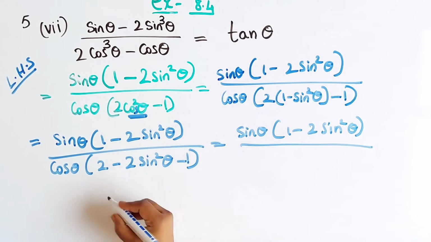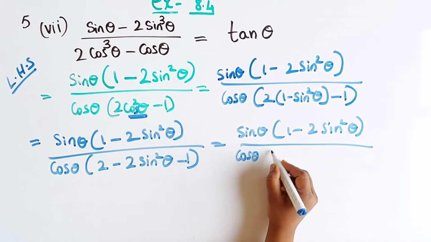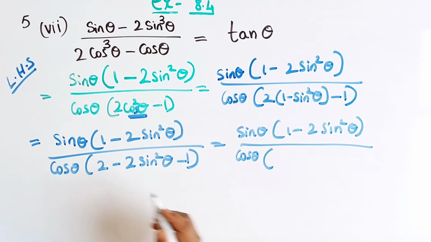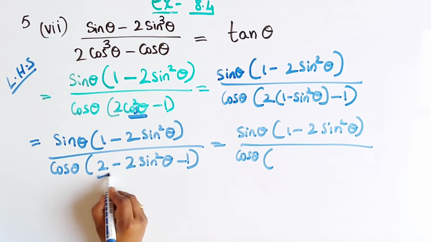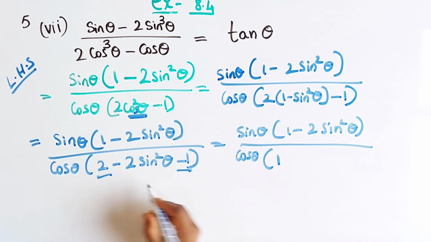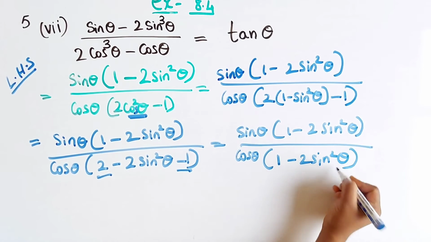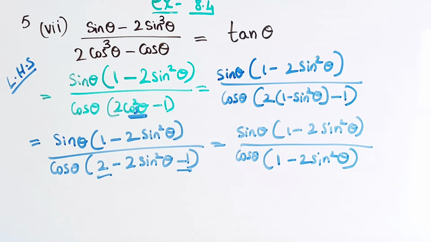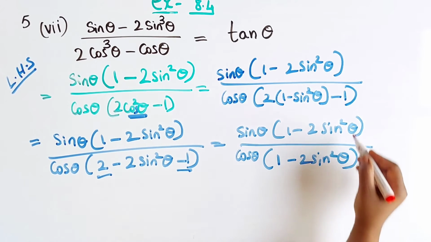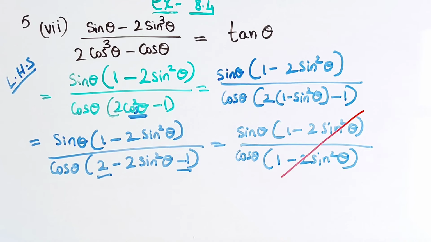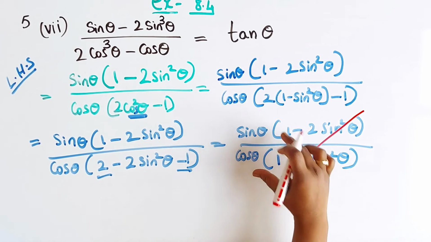In denominator cos theta into 2 minus 1, that is 1, minus 2 sin square theta. Correct, children? Now see here. Here also 1 minus 2 sin square theta and here also 1 minus 2 sin square theta. Cancel.